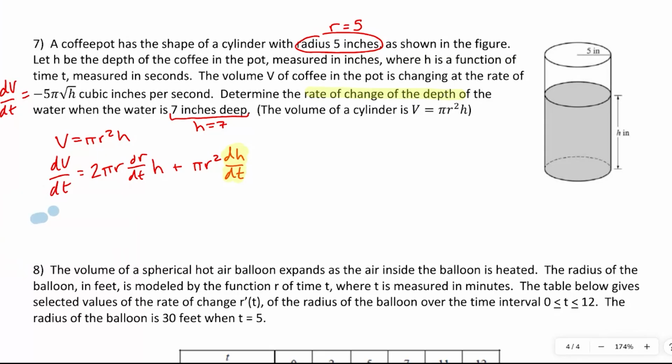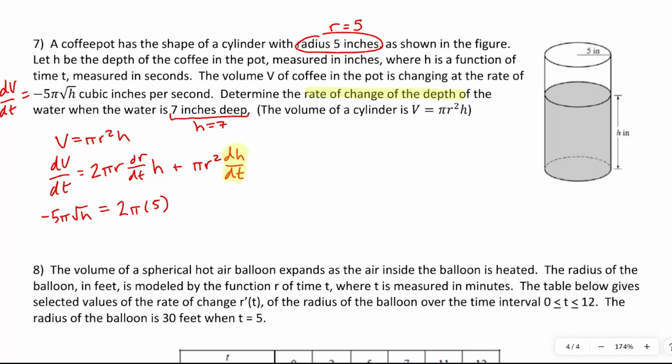Okay, negative 5 pi root h equals, that was the change in volume with respect to time, then 2 pi r, so the radius is 5, so 2 pi times 5 times the speed at which the radius is changing.